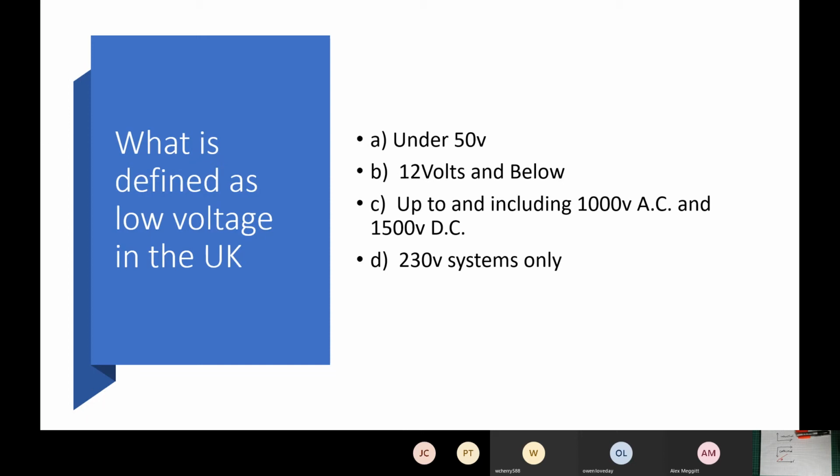But if you think of high voltage as being up to 400,000 volts, then all of a sudden 1,000 seems quite low, doesn't it? Extra low is 50, isn't it? Extra low voltage is 50 and under, yeah. Touch voltage.